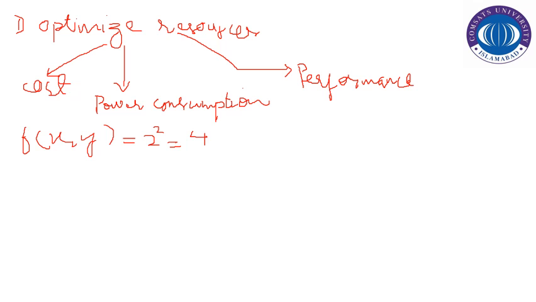And similarly, if I've got a system of three literals, f of x, y, z, in that particular case the total number of combinations that can be represented in a truth table are 2 raised to power 3, that is 8. And similarly, with the increase in the literals, the number of combinations also increases.